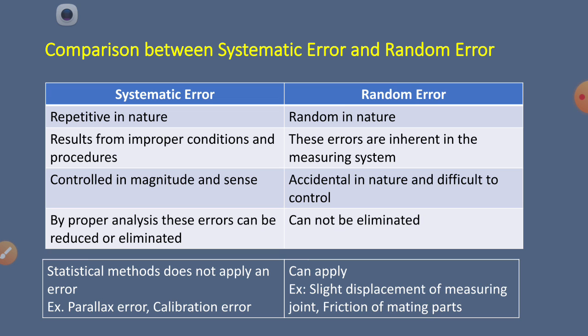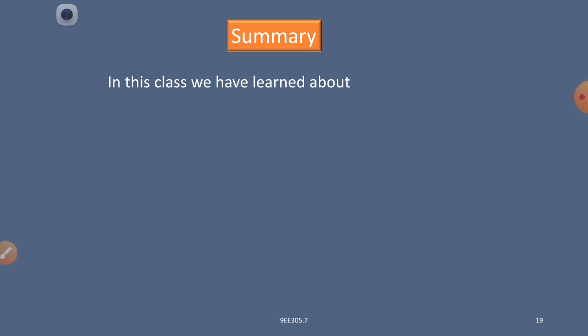I think you have some idea about errors in instruments. Now, let us summarize what we have seen in this class. We have seen everything from the start to the end, along with what we studied in previous classes, the basics.